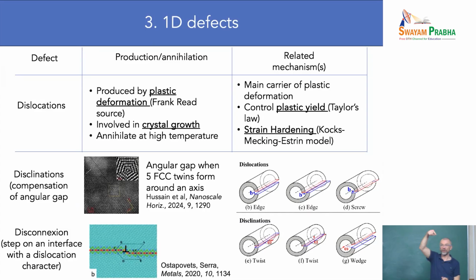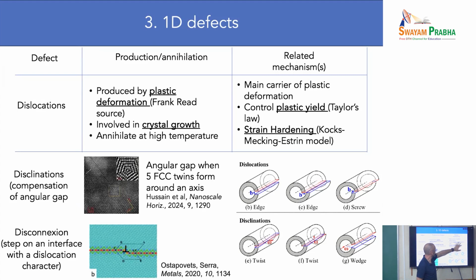Many crystals grow around a screw dislocation, for those who know what it is. And they are non-equilibrium defects, so if you heat at high temperature, they will annihilate. They are the main carrier of plastic deformation, they control the plastic yield through, for example, Taylor's law, and they're related to the strain hardening.